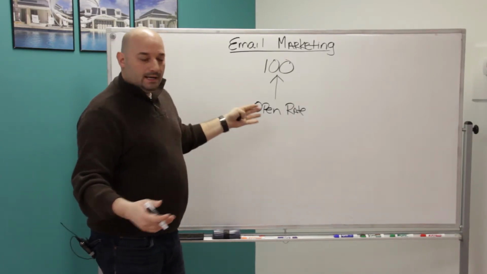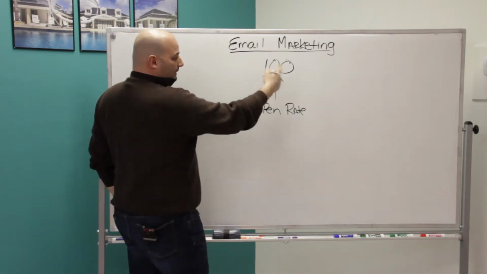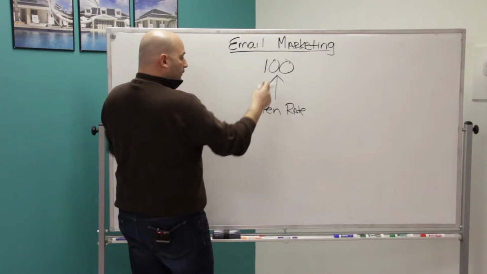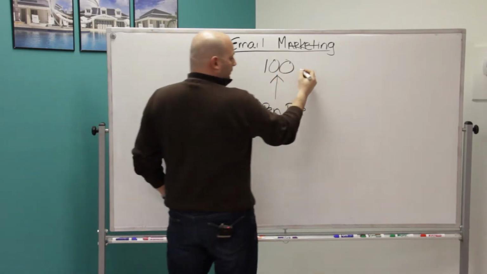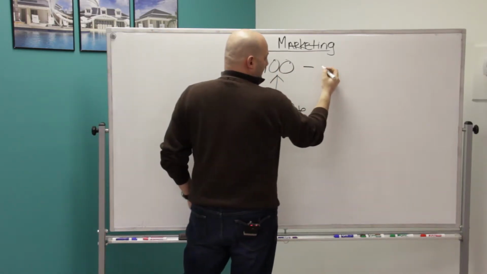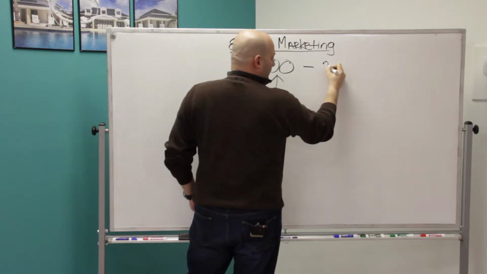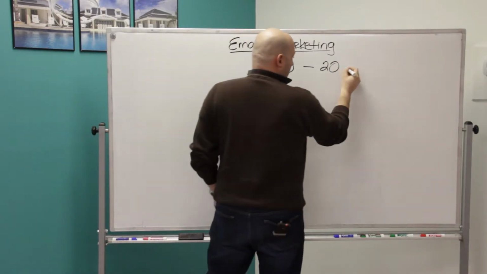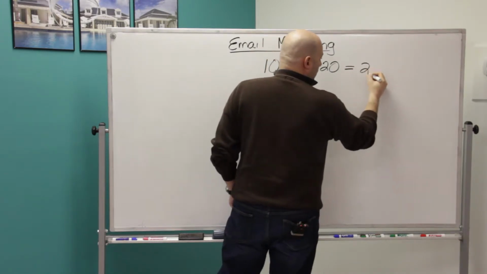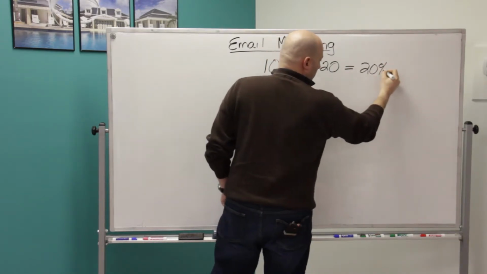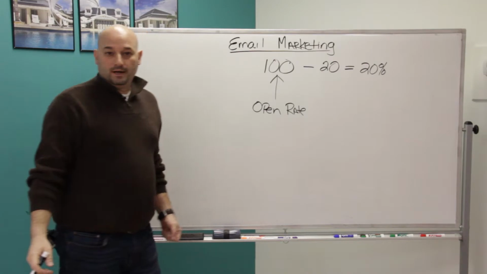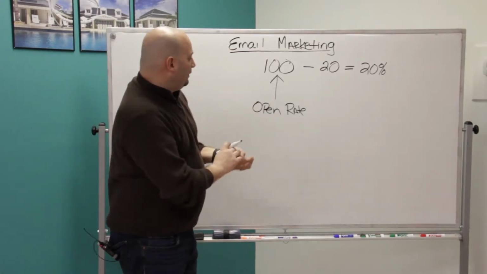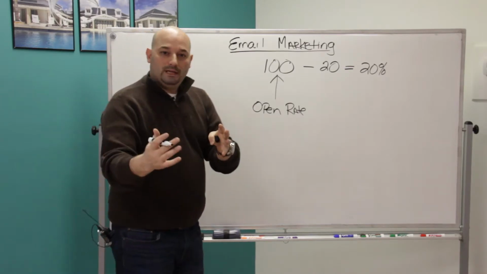But the open rate is basically the percentage of people who open up your email. So if you send an email to 100 people, and let's say 20 people open it, that's a 20% open rate, right?